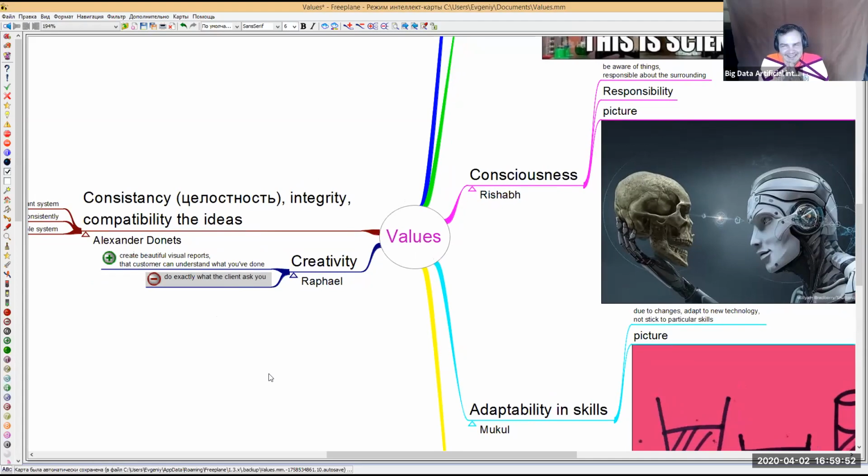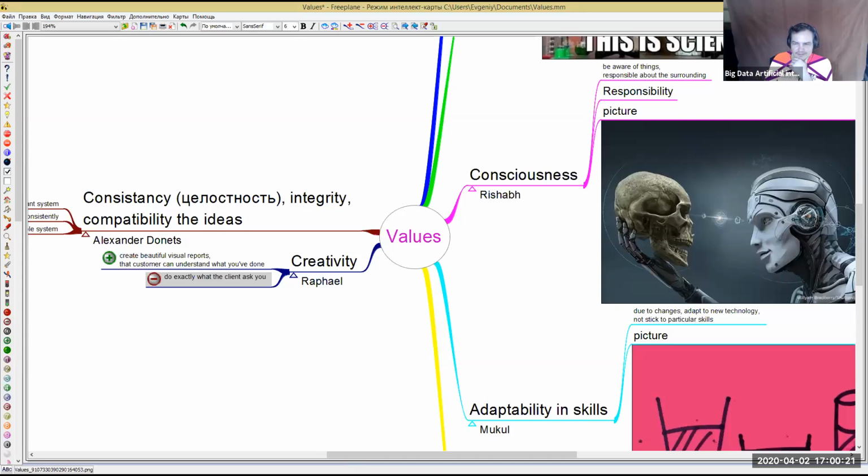So it's kind of to add something from you, yeah. To be creative is to put something special, in the case of making beautiful reports and that.